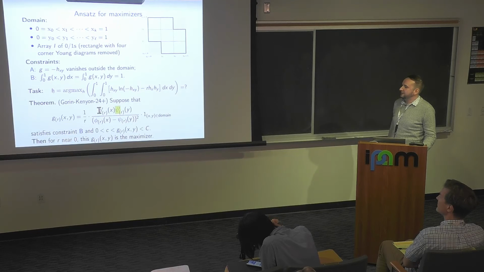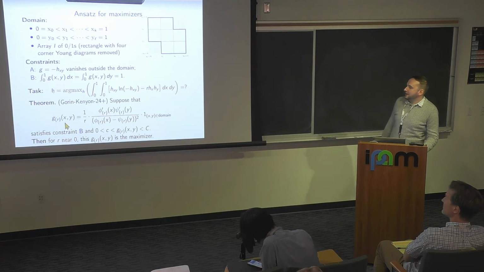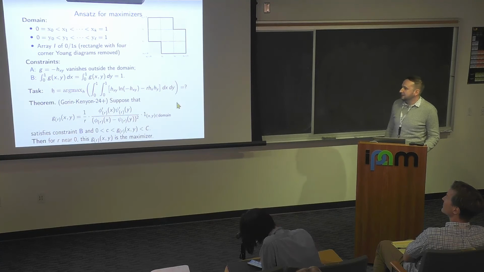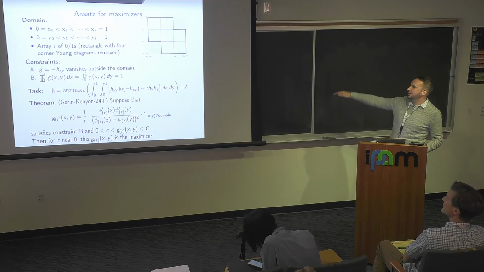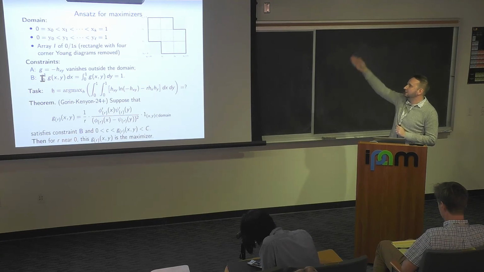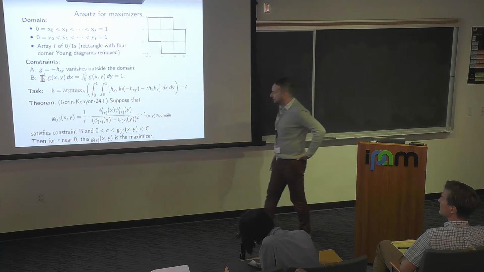And if you do the following things with them, so you take derivative of phi, derivative of psi, and you divide by phi minus psi squared. So that's an ansatz in which you search your function. And imagine that you found g of this form such that it satisfies this constraint. So it satisfies the constraint that the integrals inside the domain of this function in both vertical and horizontal directions are all equal to 0.